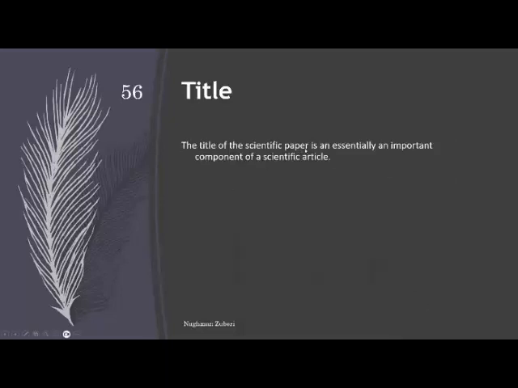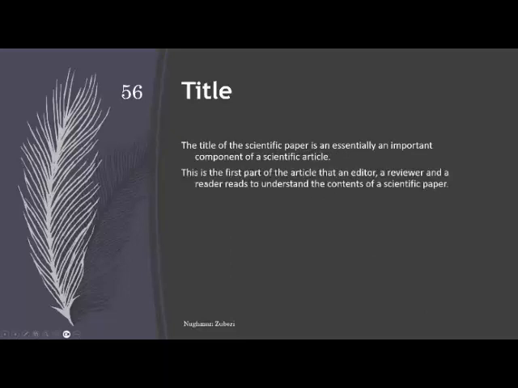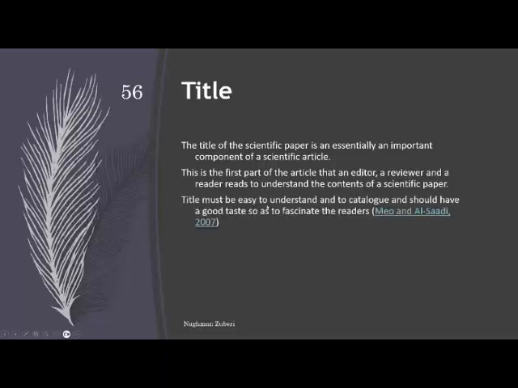The title of the scientific paper is an important component of a scientific article. This is the first part of the article that an editor, a reviewer, and a reader read to understand the contents of a scientific paper. The title must be easy to understand and to catalog, and should have a good taste so as to fascinate the readers.